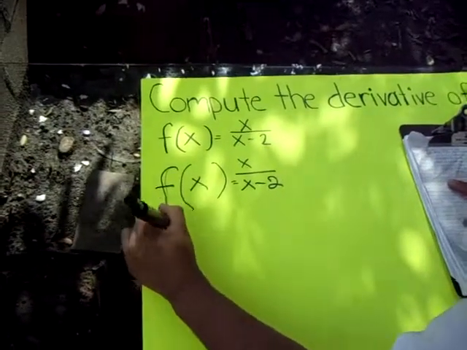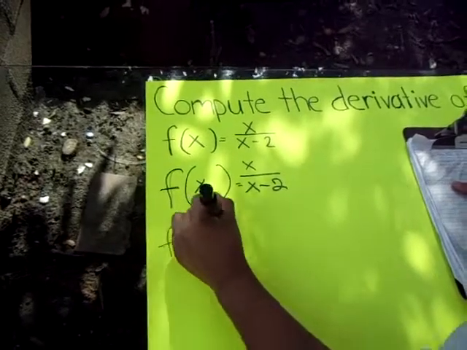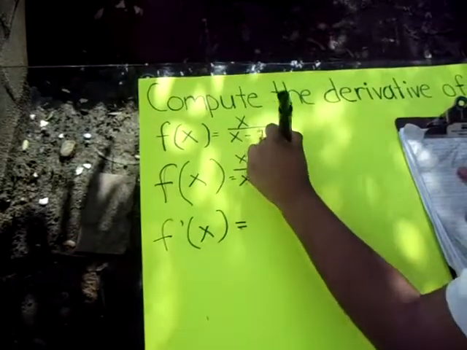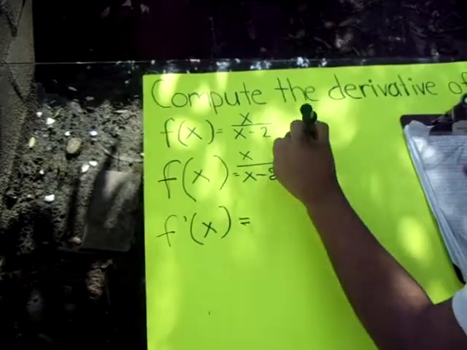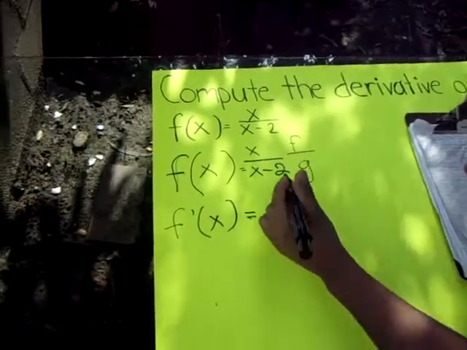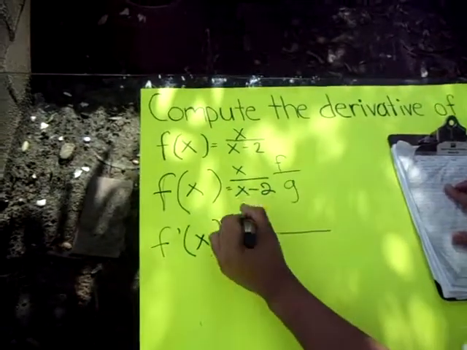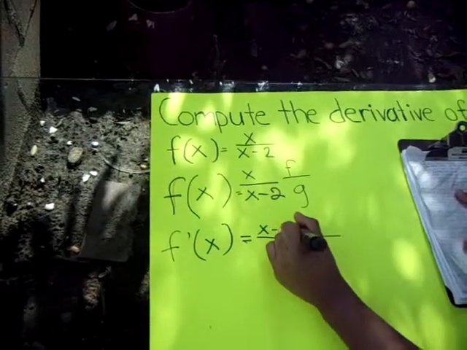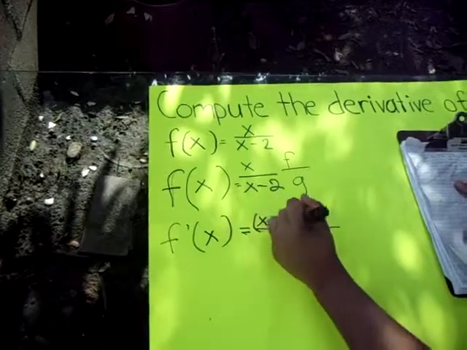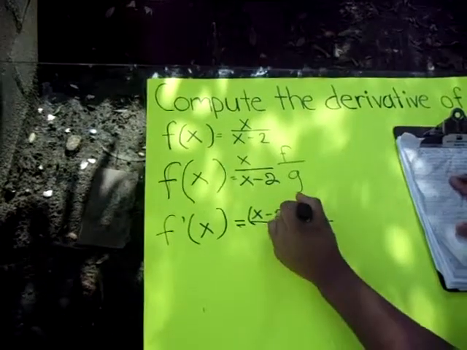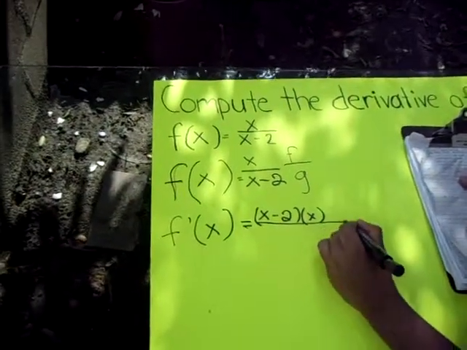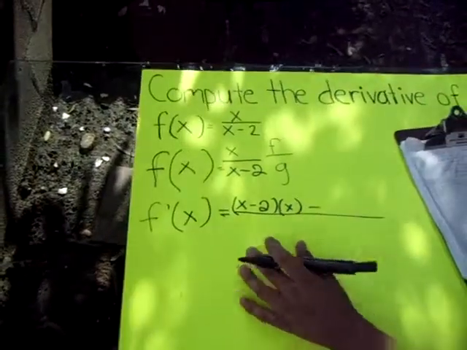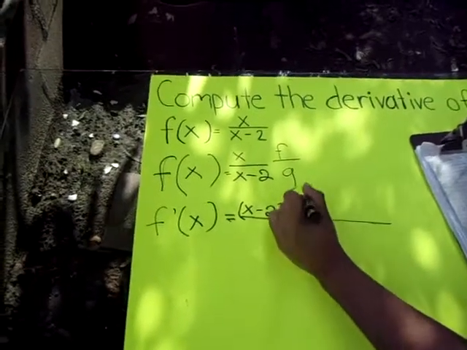Now this is the real work. The derivative of this. So now, you guys all know that this is f, this is g. Remember, the bottom is always the first thing you do. So the bottom is this times the top, which is x, minus the top. No, I forgot something.